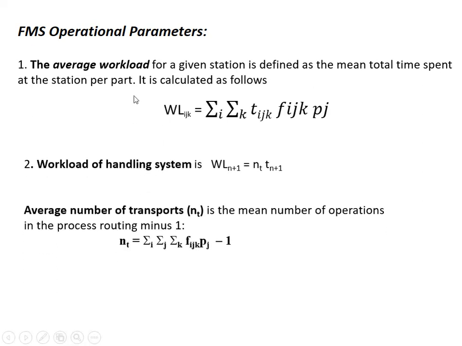This is the workload for the material handling system, and the workload for the normal part will be different, so you have to be careful while calculating this. As I said before, the final unloading part will be for the work handling system. That is normally termed Wn plus 1, which is NT times Tn plus 1. Here NT is the mean number of transports, and Tn plus 1 is the mean transportation time of the material.